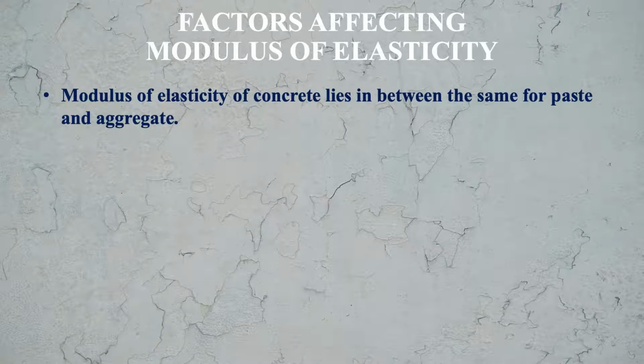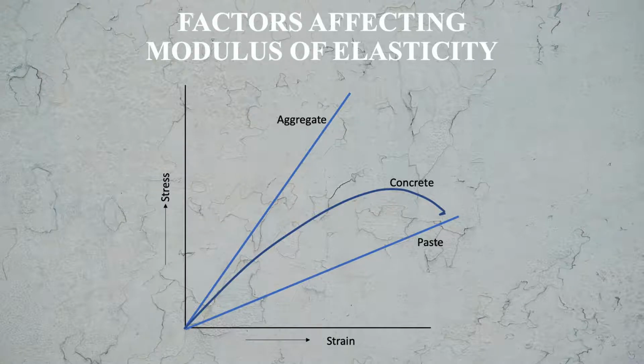Means, if you consider the modulus of elasticity of paste and the modulus of elasticity of aggregate, the modulus of elasticity of concrete will lie between them. Here you see the stress strain curve for paste and aggregate, and as I told you, for concrete it is lying between that for paste and the aggregate.